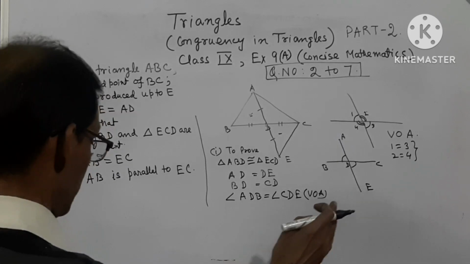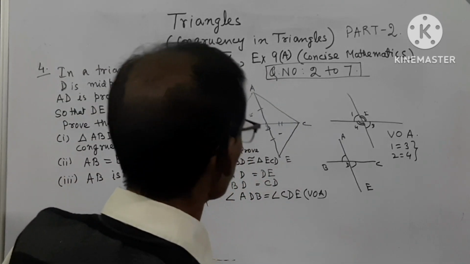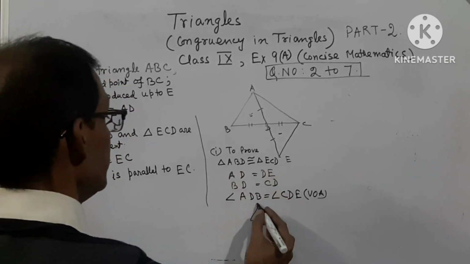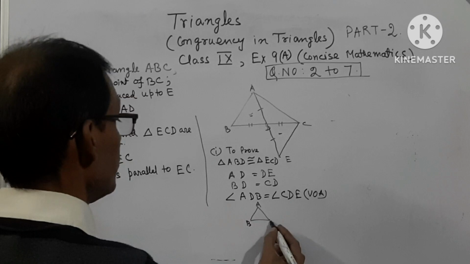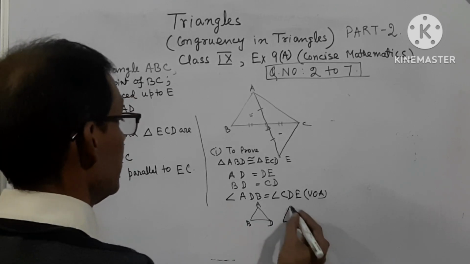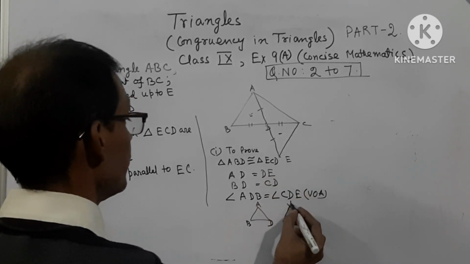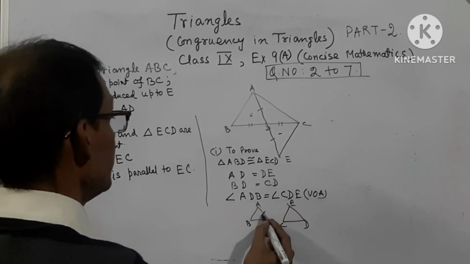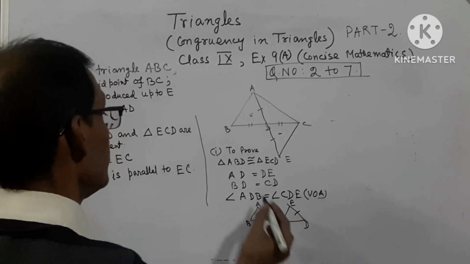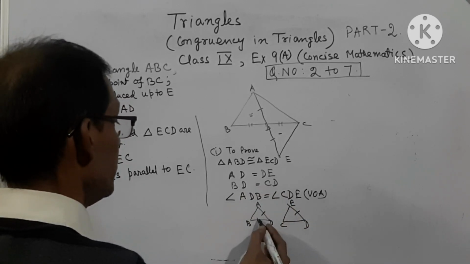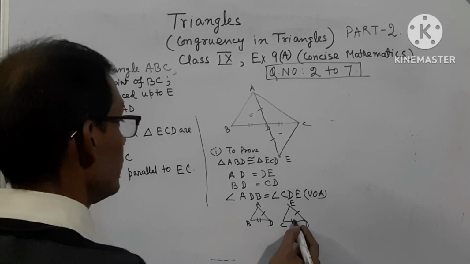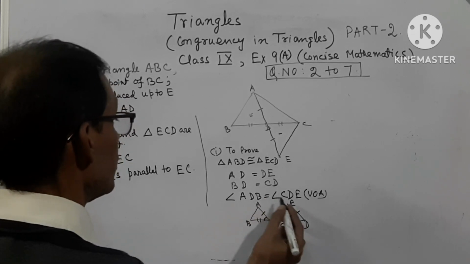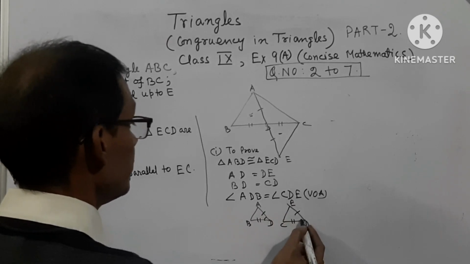Now we have to see the criteria. Let's draw two triangles, triangle ABD and triangle ECD. AD equal to DE, BD equal to CD, angle ADB equal to angle CDE.